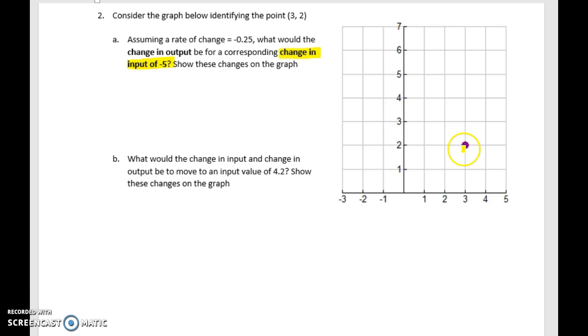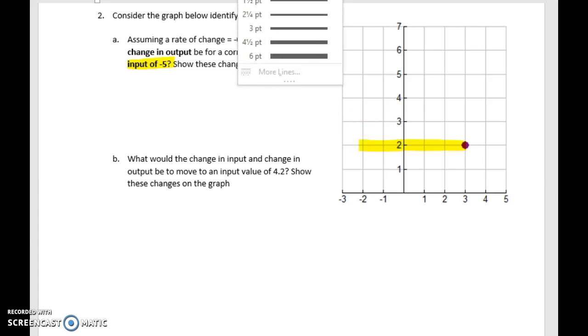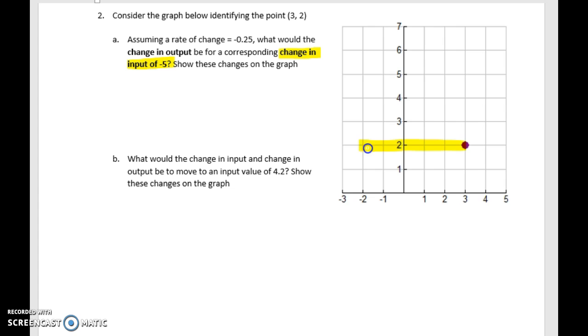That means we are going to change our input value by 1, 2, 3, 4, 5 units, and it's difficult with the highlighter, but we want to make it a directional arrow.